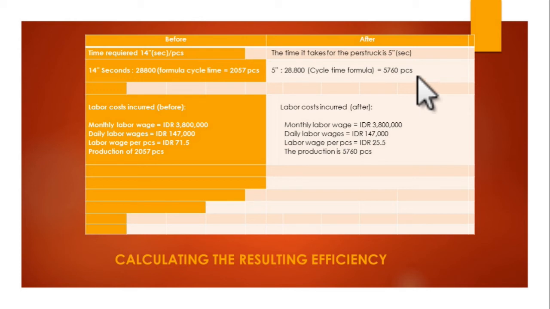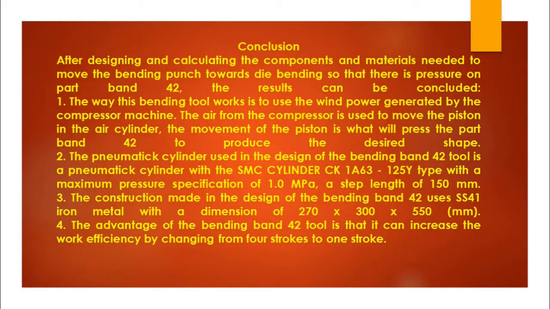Yes, efficiency. So this is the conclusion. After designing and calculating the components and materials needed to move the bending punch towards the die bending, so that there is a pressure on part Bend 42, the result can be concluded.